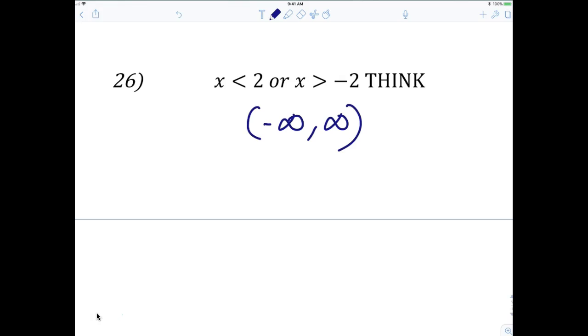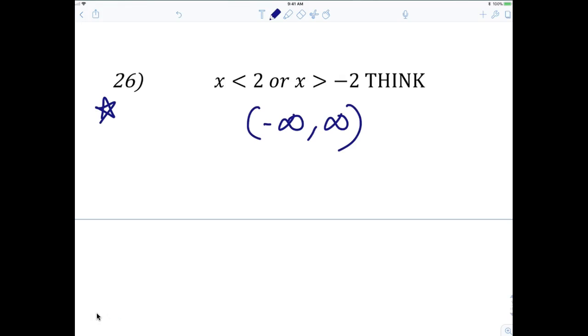So here, this one is the hard one. I'm going to try to tell you something here, and I want you to listen to my explanation, please. Give me a number less than 2, and a number greater than negative 2. Hold on a minute.